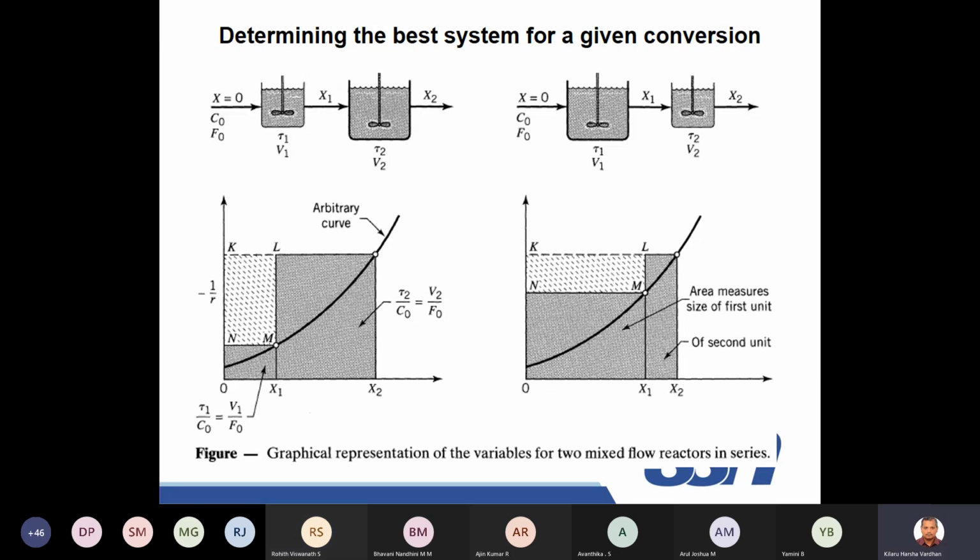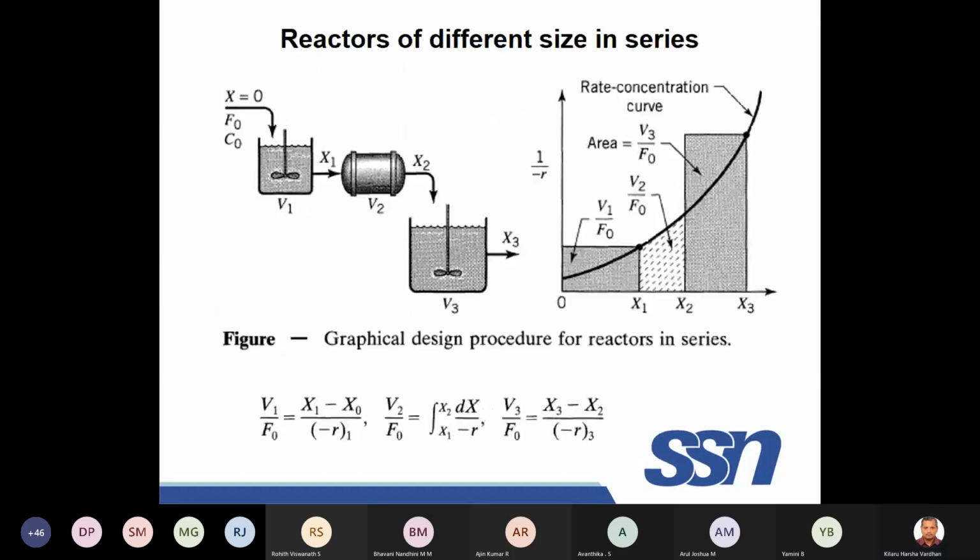How can you explain this? Definitely, it is not going to be the same. Instead of this, you can have one plug flow reactor and mixed reactors in series. The combination is different: one small MFR, then a PFR, and then again one big MFR.